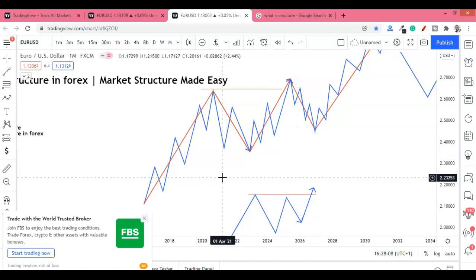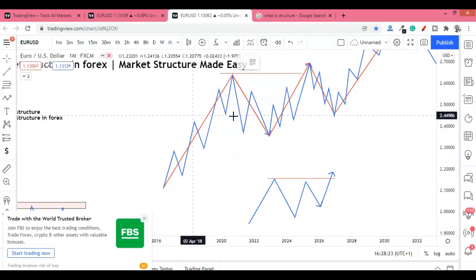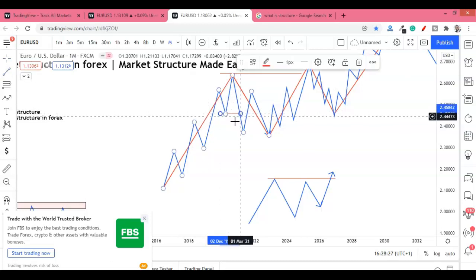Now if you look at this structure, if I'm looking at the daily time frame, which is this red line, and in the 15-minute there's a break of structure here. You can see there's a break of structure, but does that mean we are going bearish?